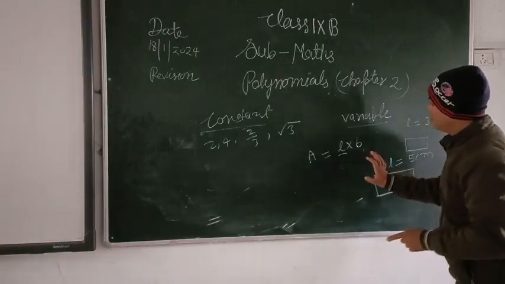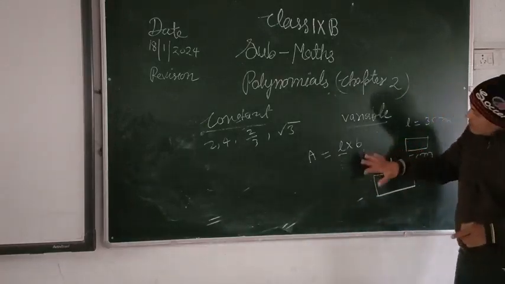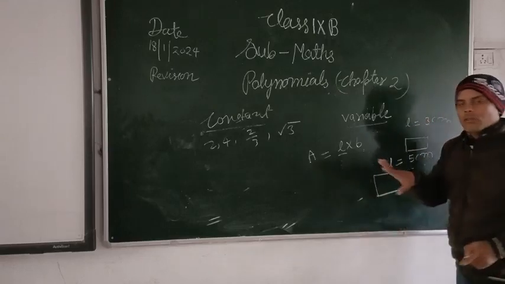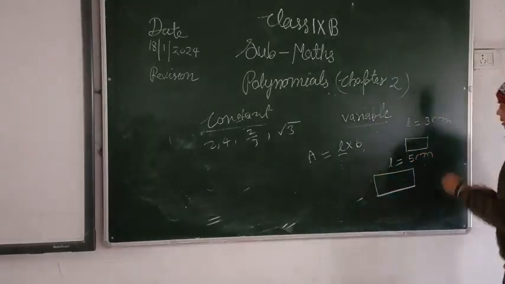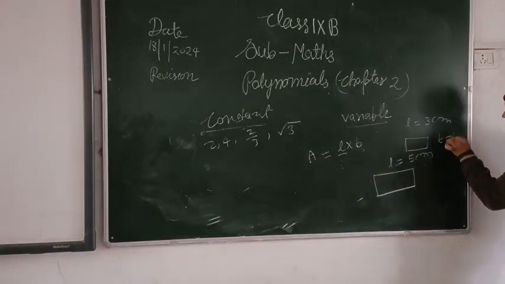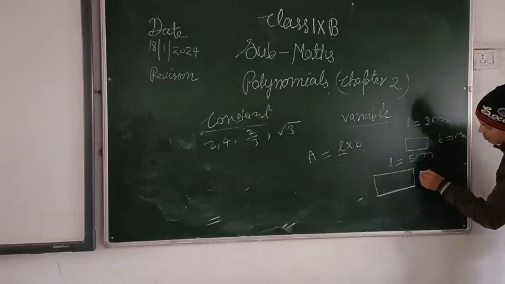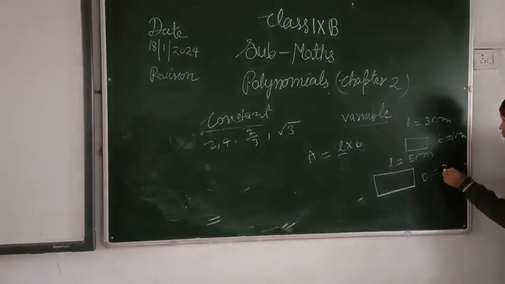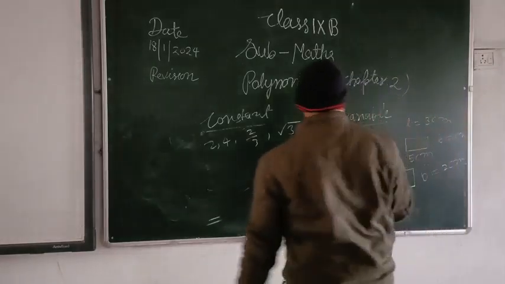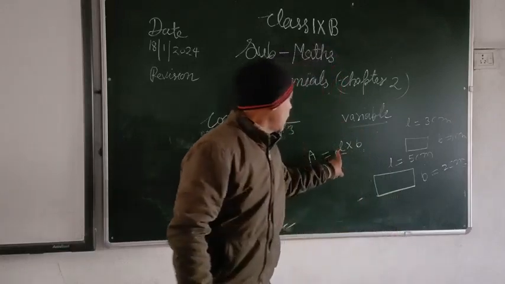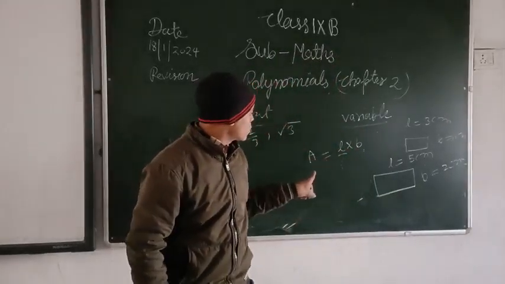So L is variable. So as L varies, breadth also varies, because if we consider here B equal to 1 centimeter and here breadth equal to 2 centimeter, suppose we are taking, so B is also variable. So L and B both are variable.